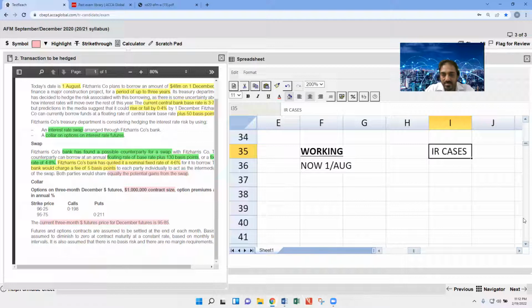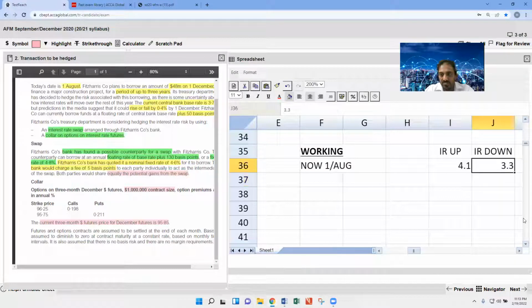Number one, interest rate up and interest rate down. If the case is about interest rate up, that is 4.1%, down 3.3%. These are the two requirements. Exactly, these are the two requirements. Yes or no?